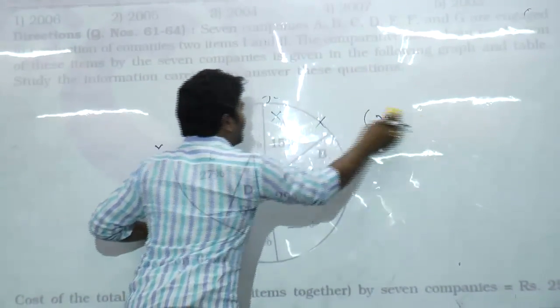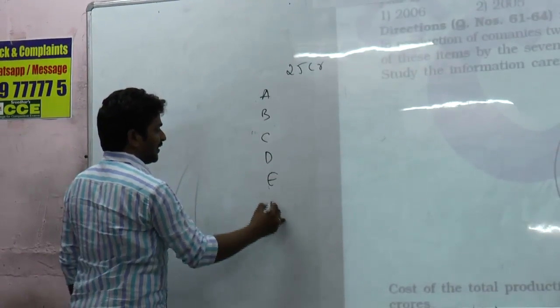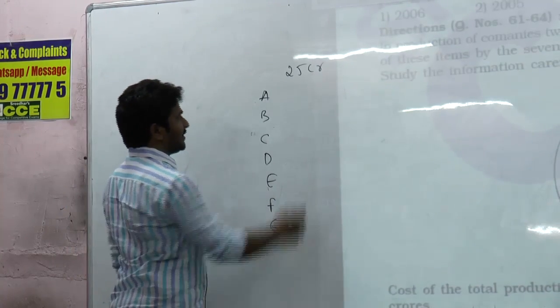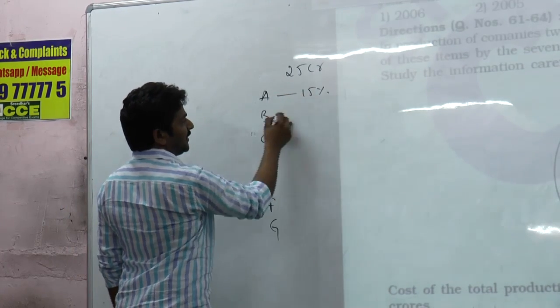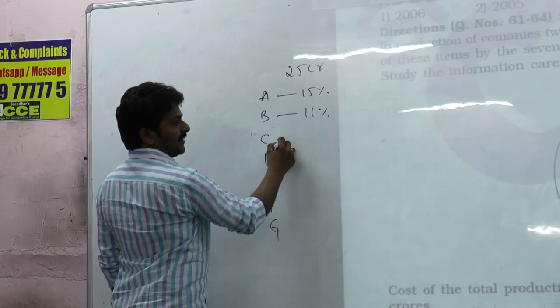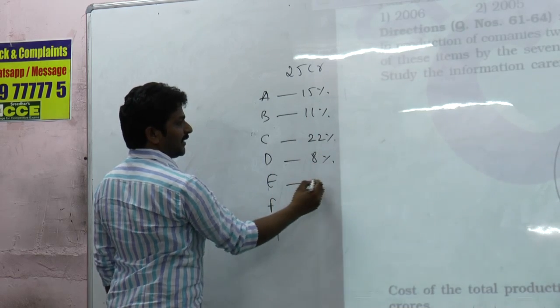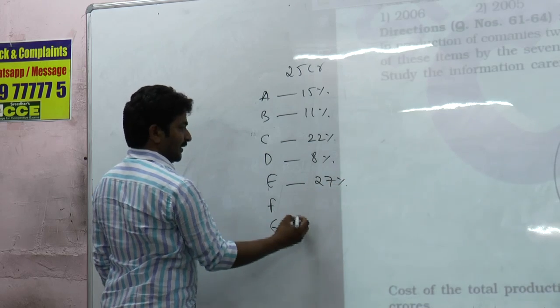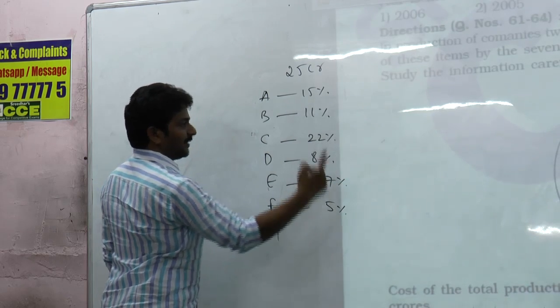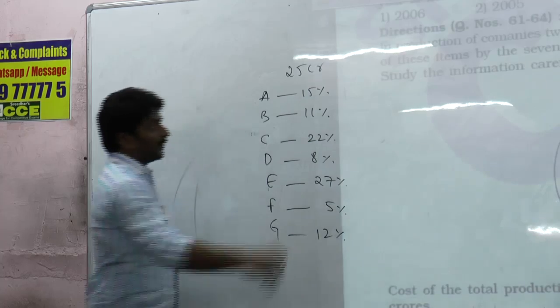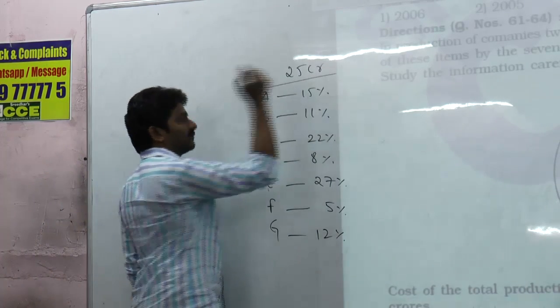We have total 7 companies, A to G. A, B, C, D, E, F, G. Percentages: A 15%, B 11%, C 22%, D 8%, E 27%, F 5%, G 12%. And total value is 25 crores.